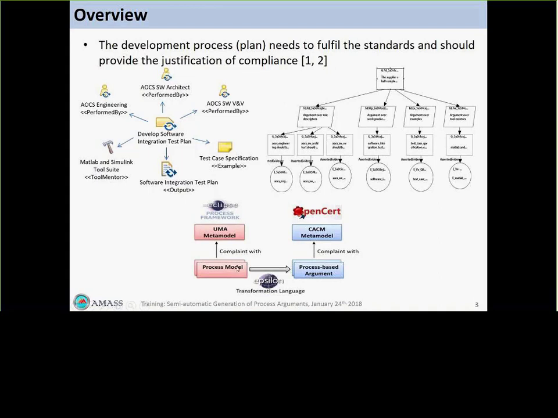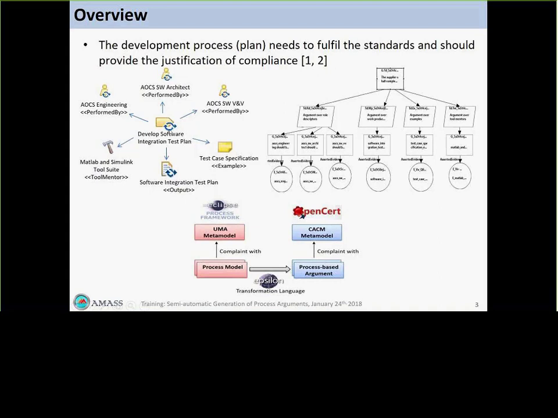For this, we have to model the process in the Eclipse framework, EPF, which is compliant to the UMA metamodel, and which has to be compliant with the arguments, which is compliant to the CSA metamodel, and has to be visualized in OpenCert, which is rendered by the concrete syntax of the Goal Structuring Notation, GSN.